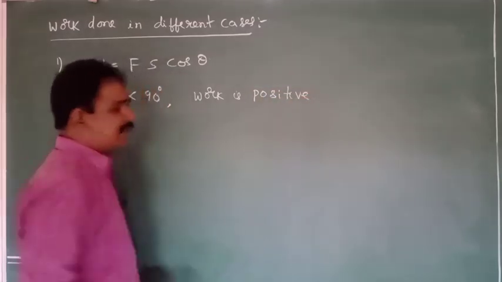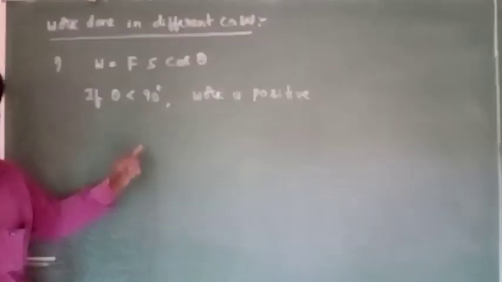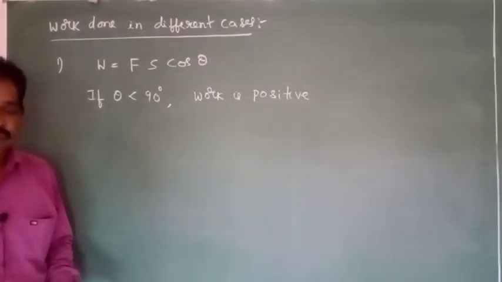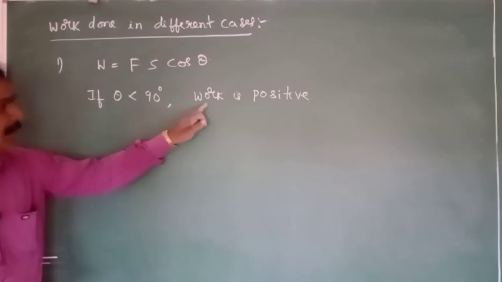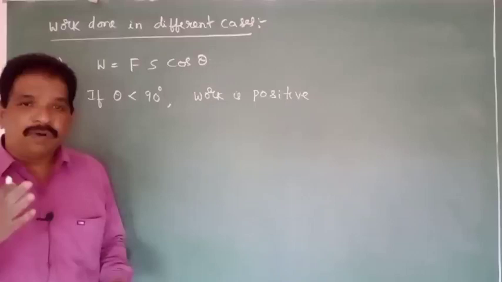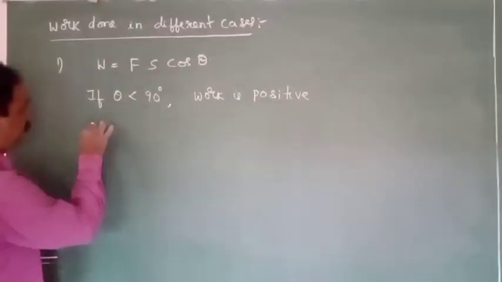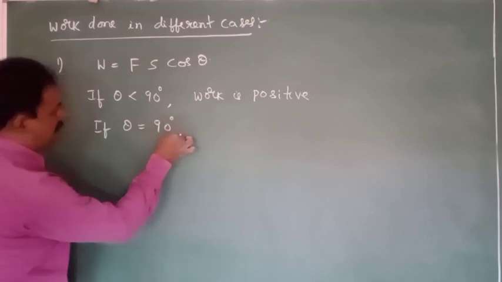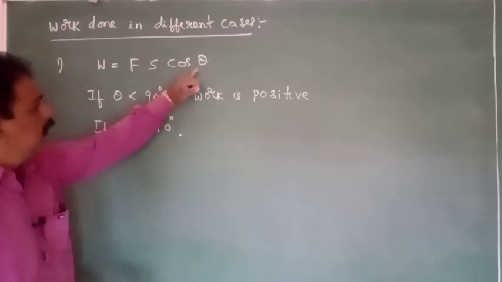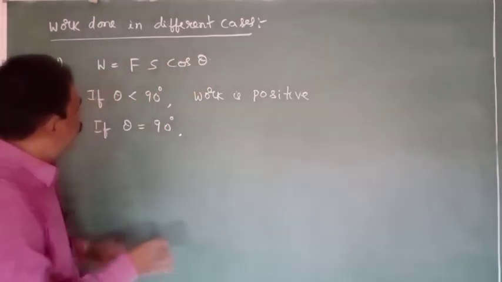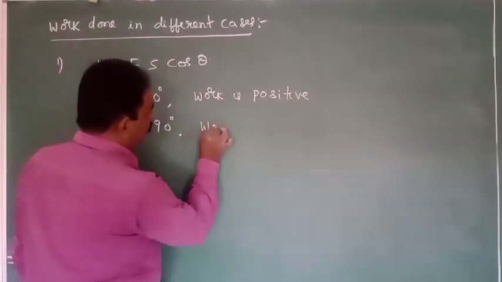Theta is less than 90 degrees, for any angle, 30 degrees, 60 degrees, 50 degrees, work done will be positive, and that will be called positive work. If theta is equal to 90 degrees, we know cos 90 is 0, so work done will be 0.